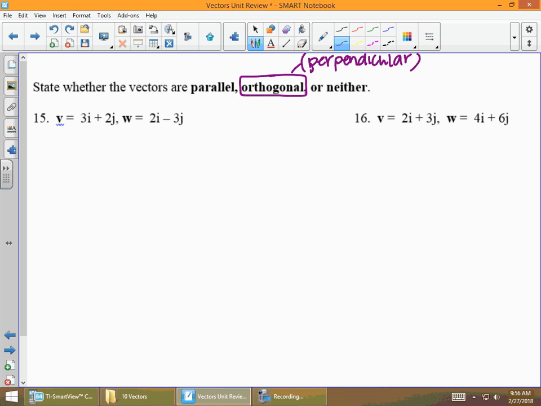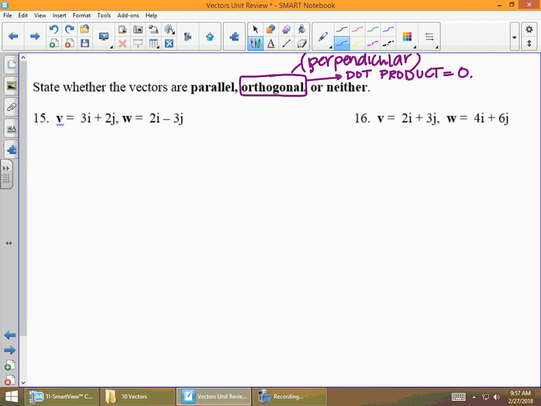Okay. So we have two vectors are orthogonal if their dot product is 0. Two vectors are parallel if you can multiply one vector by a scalar and get the other.